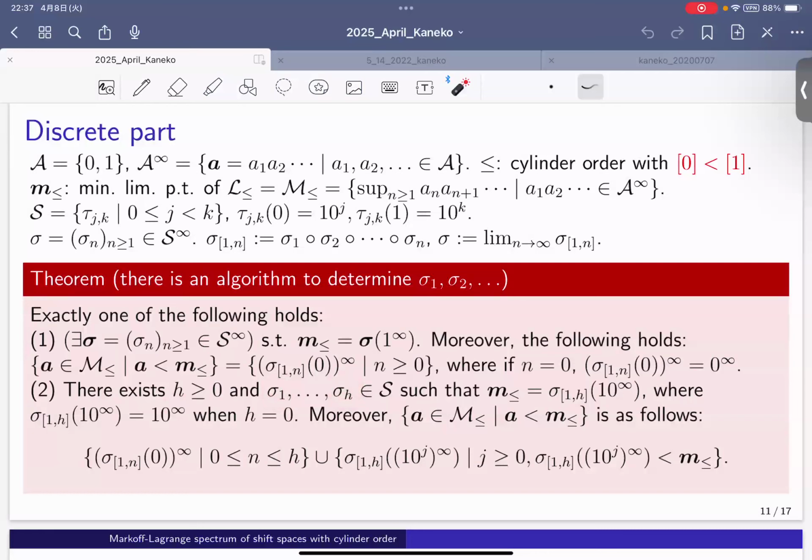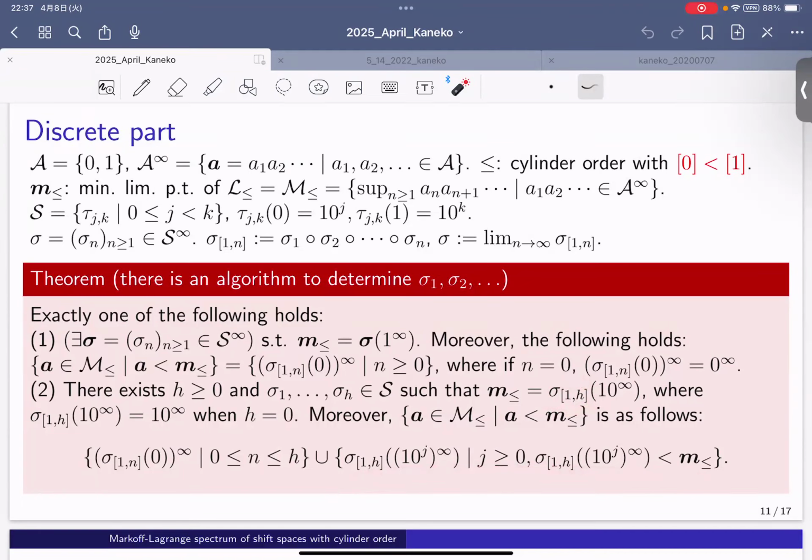Here, if h is 0, this implies 0 1 0 infinity. The discrete part is also written in terms of sigma 1 through sigma h, where sigma 1 to sigma n with n less than or equal to h, and this part is written in terms of sigma 1 h.